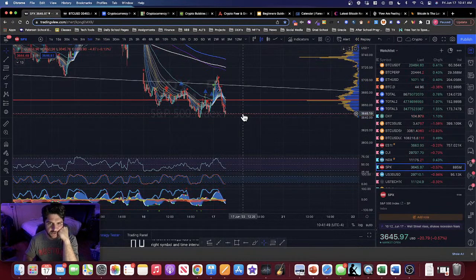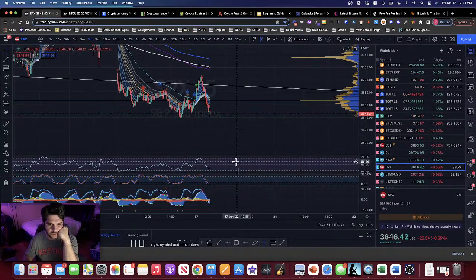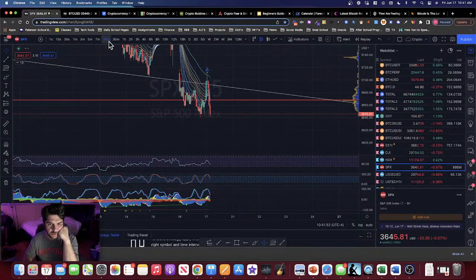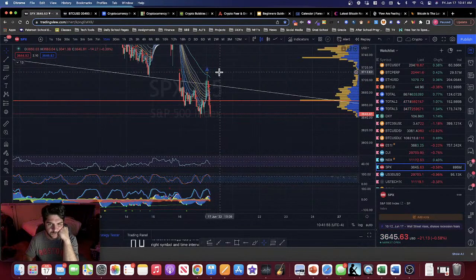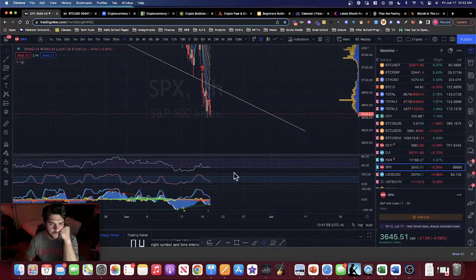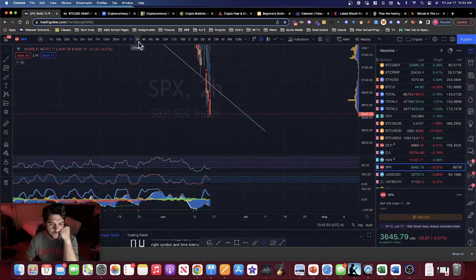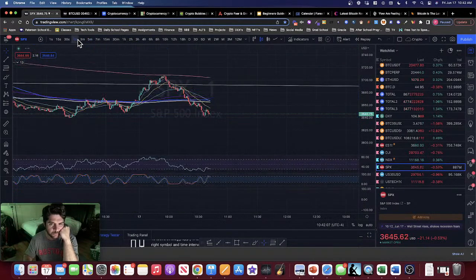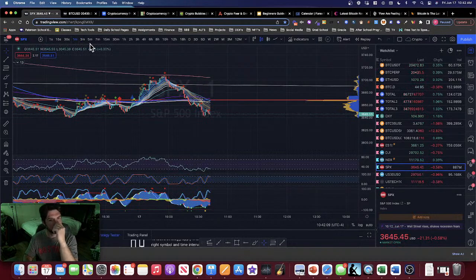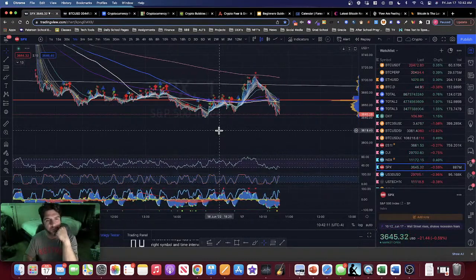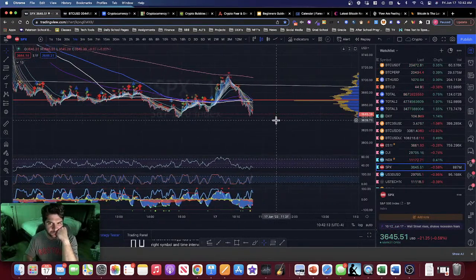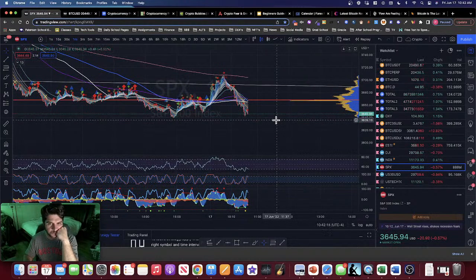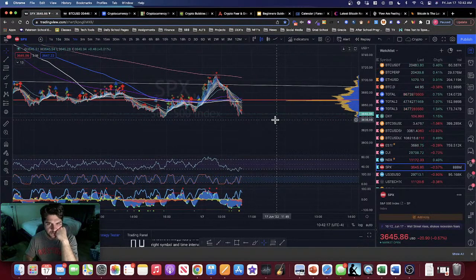Looking like it's trying to get support, but it looks like hot garbage. 15-minute Stoch looking like they want to come down on you. 1 hour, kind of reaching the bottom, but you got a red dot on Market Cipher. Absolute garbage. See if this low breaks.